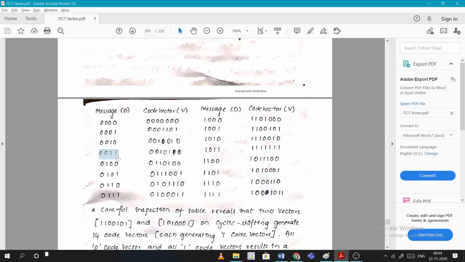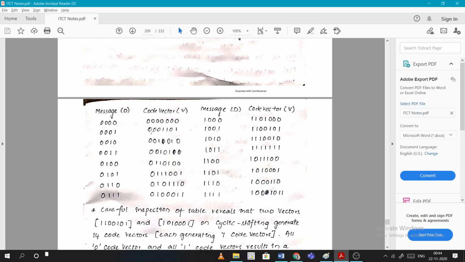If you see 0011 here, it is not 0010, so we can't say that. So this is not systematic, that's why we can't identify what are the data bits inside the code vector. All will be mixed. So now let's see whether it is cyclic or not.